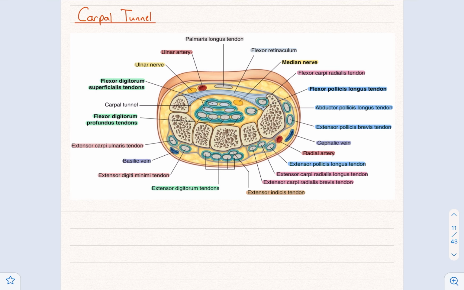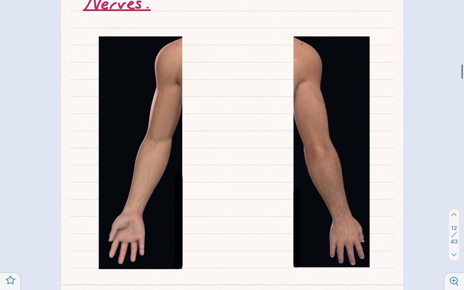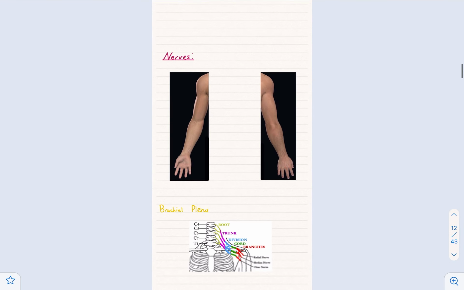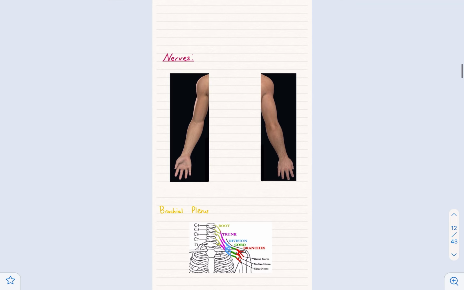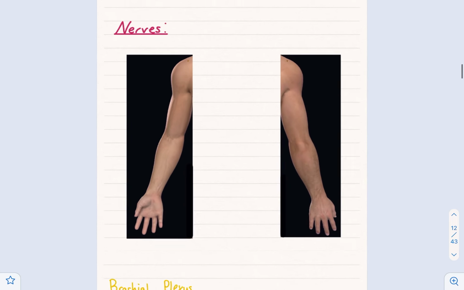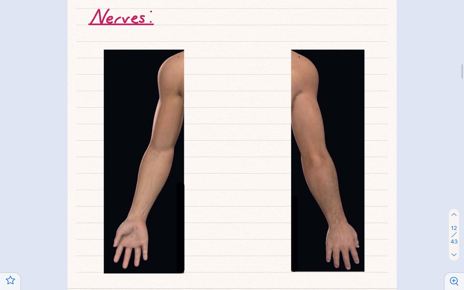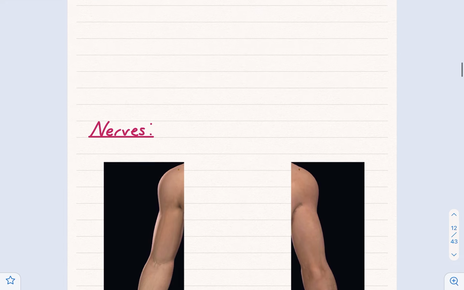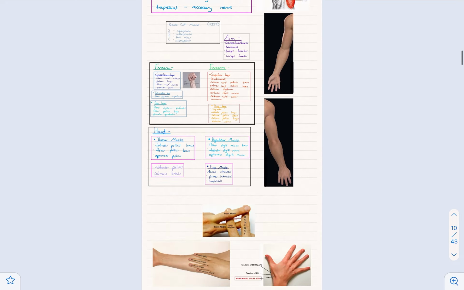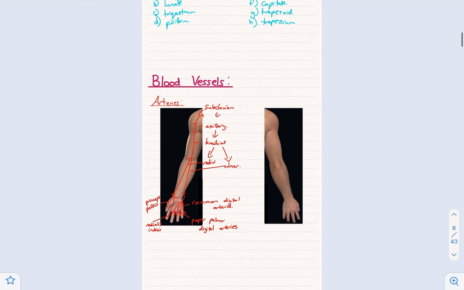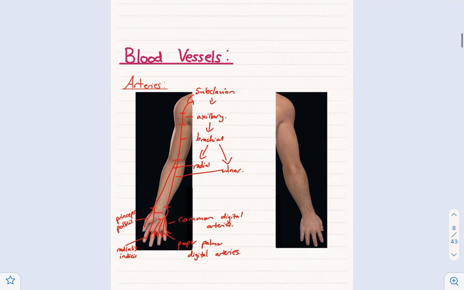Okay, so going on to nerves now. This is the last section. I know this is already a very long video, but yeah. Actually, before we do, one of the important things I probably could have mentioned here is the brachial artery.